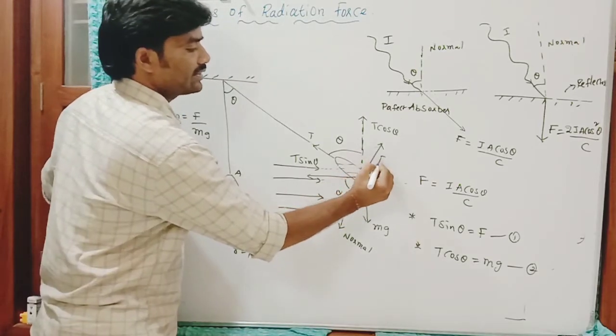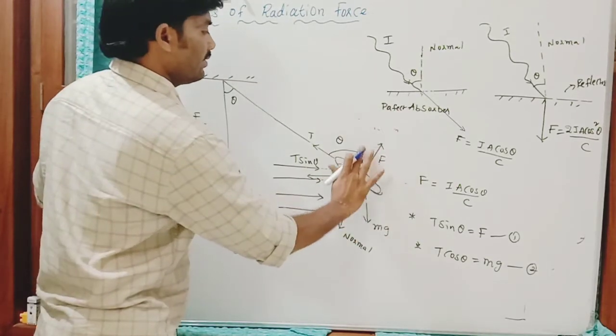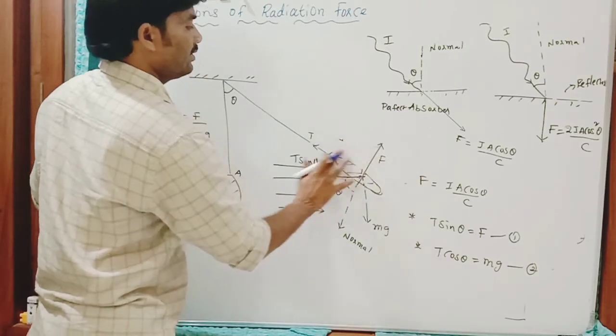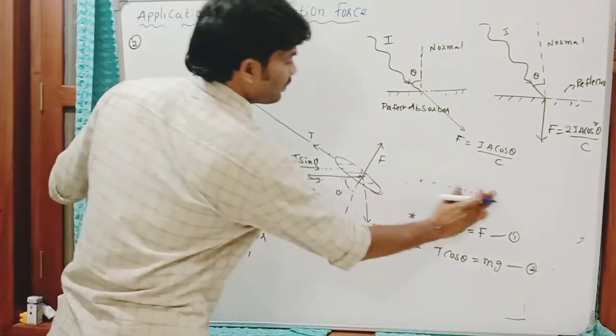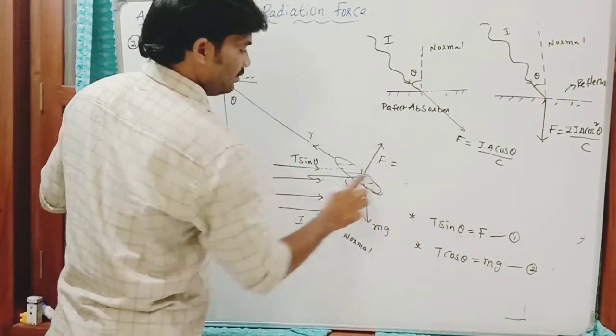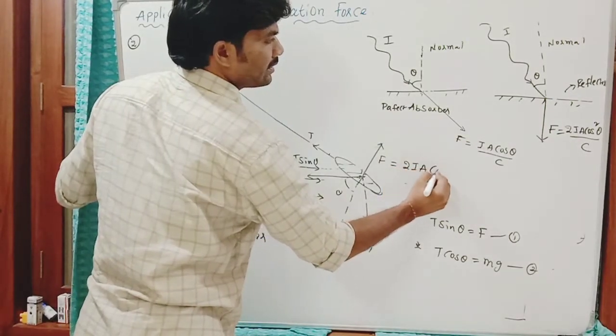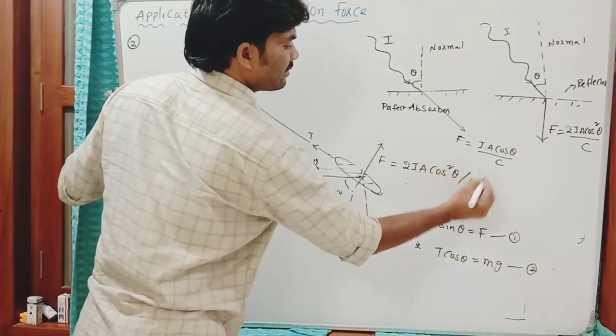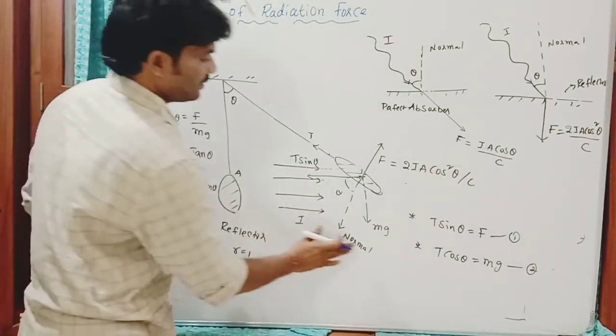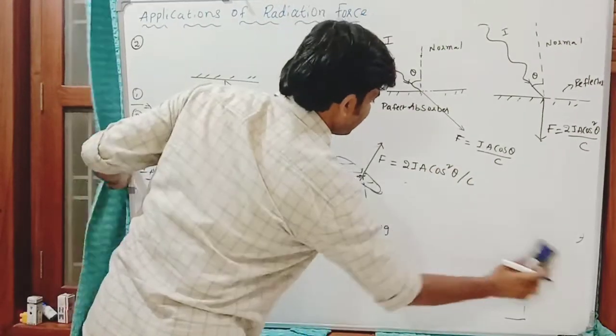So this is the force, right? The force is acting like this, but what is that force? For a reflector, it is 2IA cos square theta by c. That is the force.